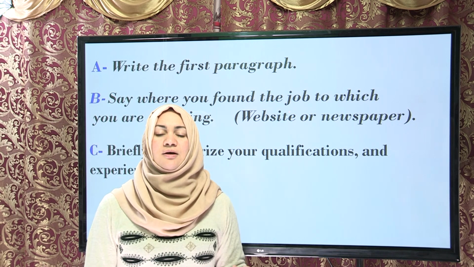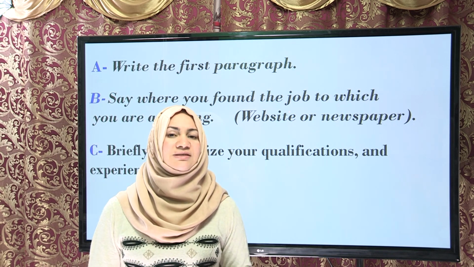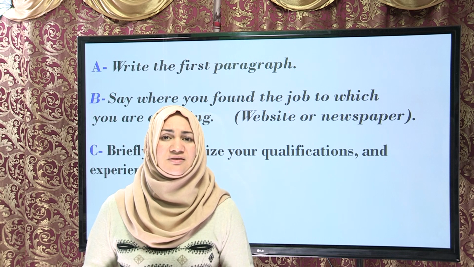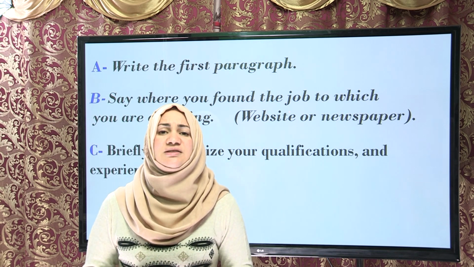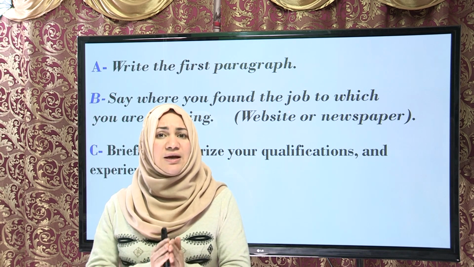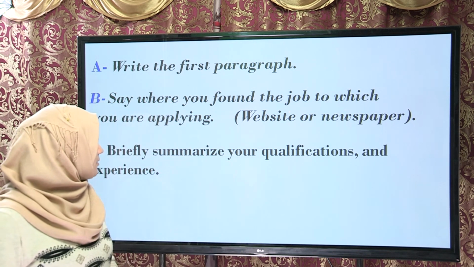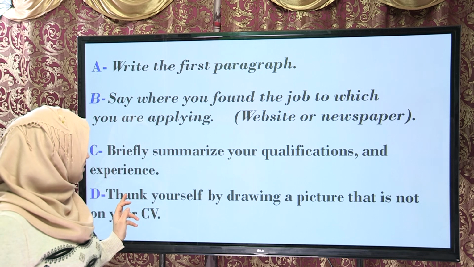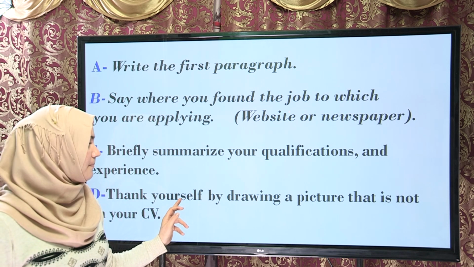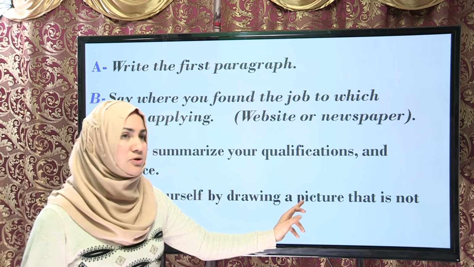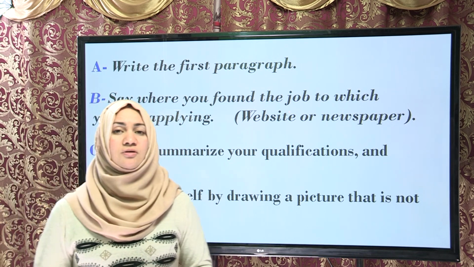Here you are going to talk about your skills, your experience, the positive aspects of your career. After that, sell yourself by drawing a picture of yourself that is not on your CV.